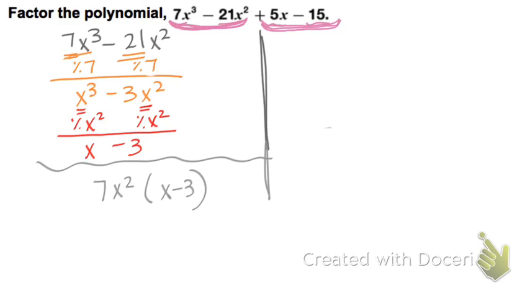Now let's look at the part on the right, the two terms on the right. We have a positive 5x minus 15. So again, I always look at the coefficients and say, okay, 5 and minus 15. What can I divide them both by? I can divide them both by 5. When I do that, I'm left with x minus 3.